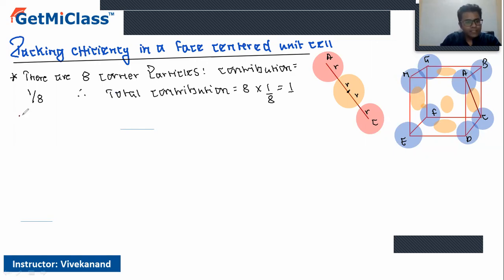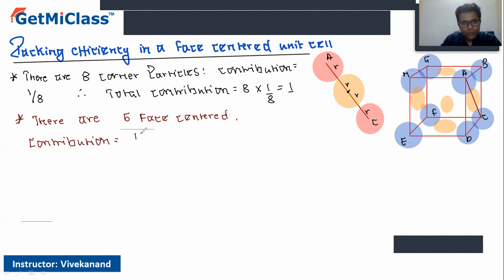Now, let's check the next one. As it is a face-centered unit cell, we would find particles on every single face. Now, there are 6 faces. That means there are 6 face-centered particles, right? Therefore, the contribution of each is going to be equal to 1/2.